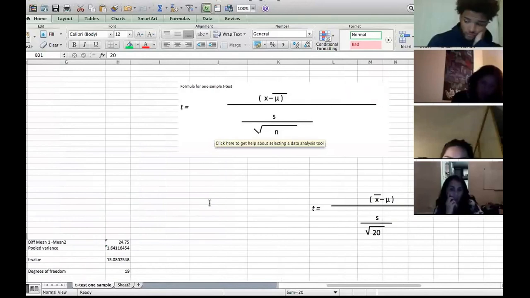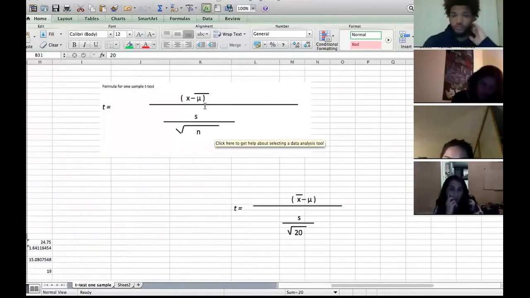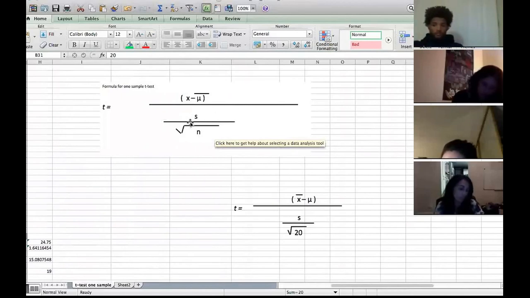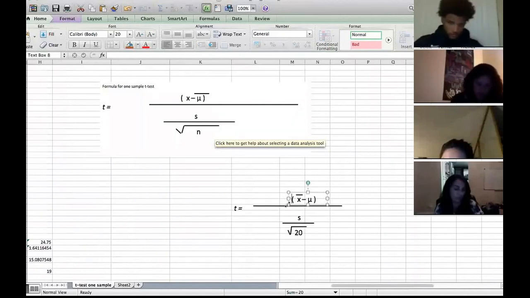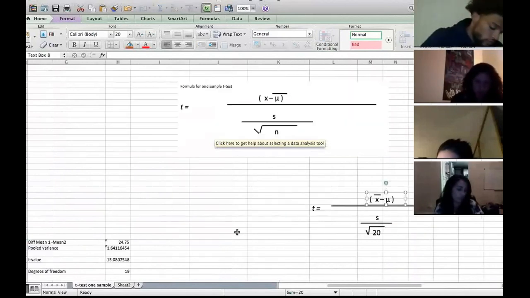All right. So here on top, we have the formula. What I'd like you to do right now at home is complete this formula for the one sample t-test with the numbers that we just calculated.